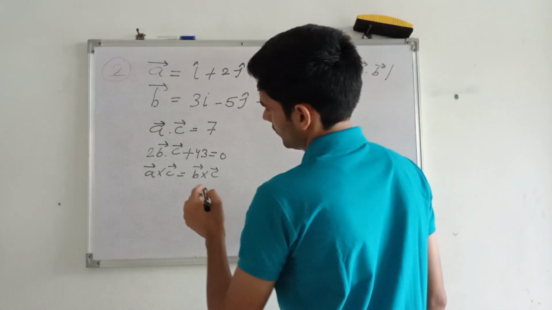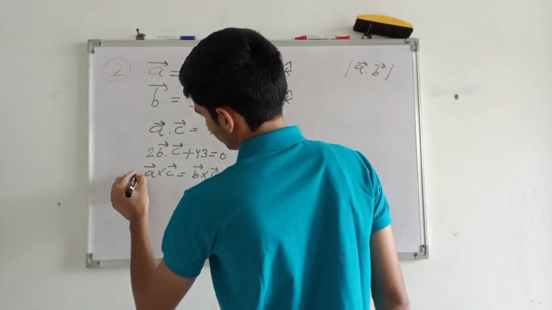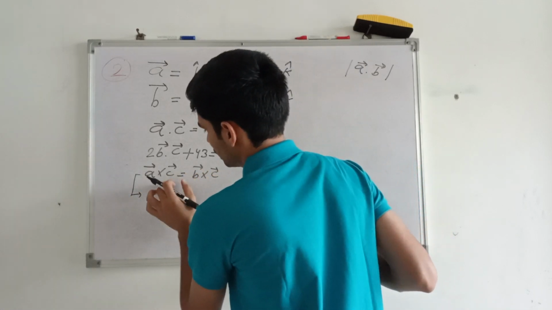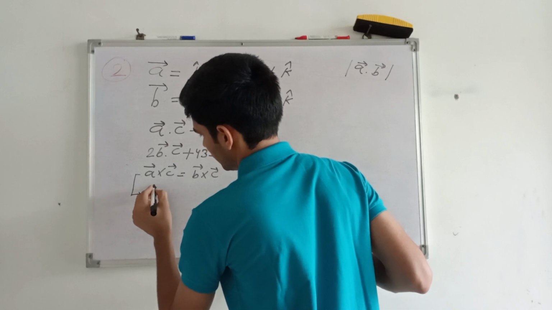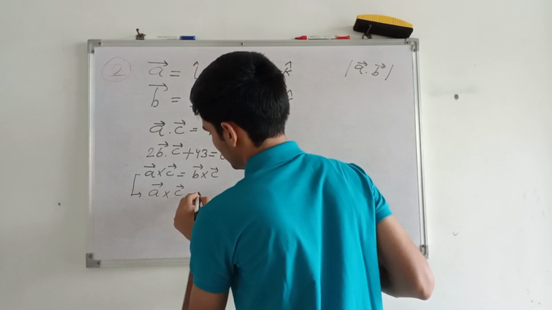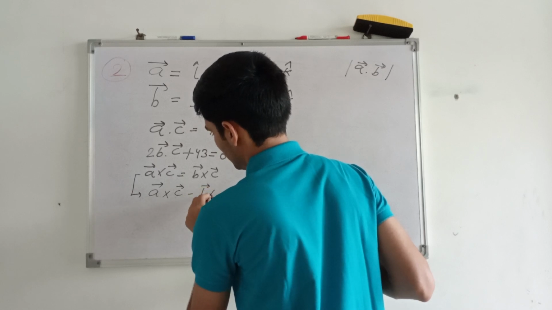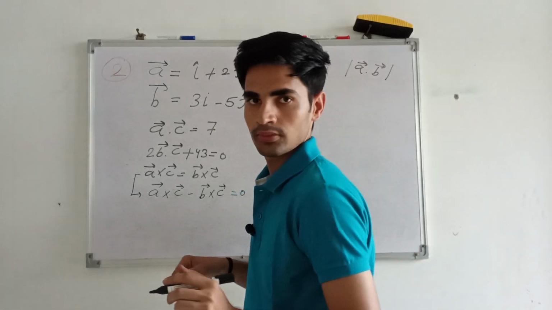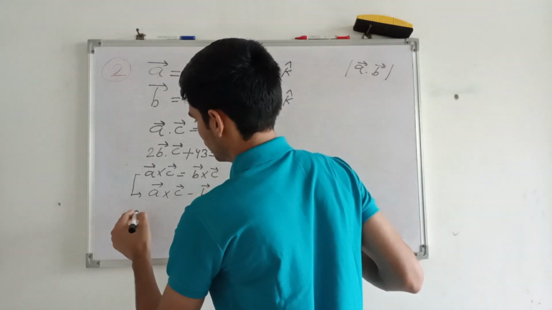So let us use this condition. Get it to this side. What we will get? Vector A cross C minus B cross C is equal to 0. Take this vector C outside.